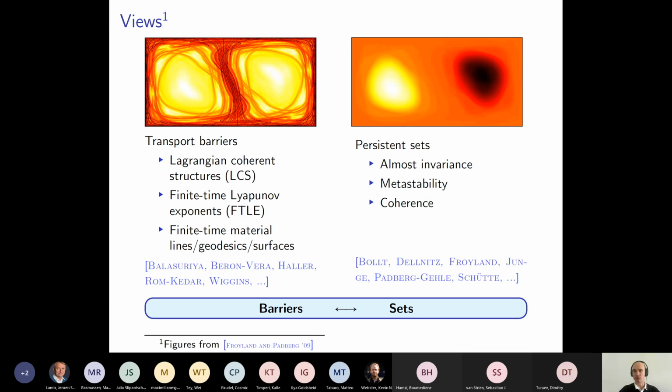And there is also a less barrier, less codimension one geometric view on this issue, a more set-oriented or set-based view, where we are looking at persistent sets, and you have perhaps heard this in terms of almost invariance, metastability, and also coherence, what I'm going to talk about. And I gave you some names here who contributed to this, but it is definitely a very non-exhaustive list.